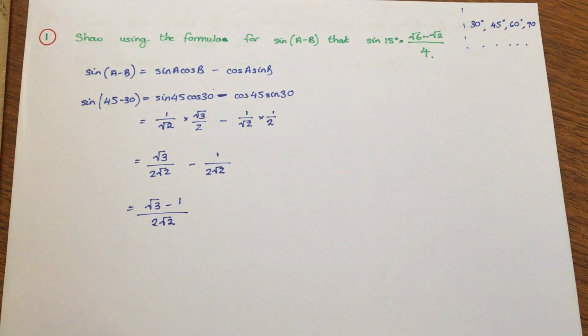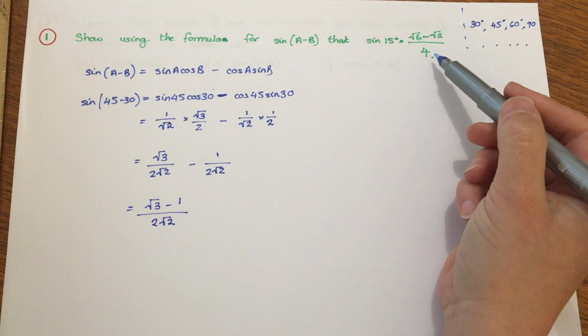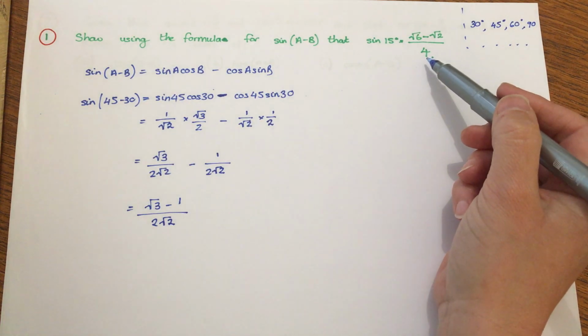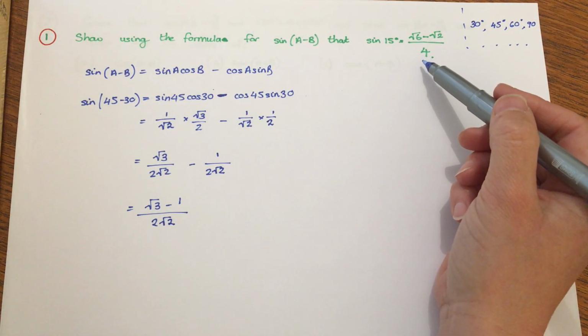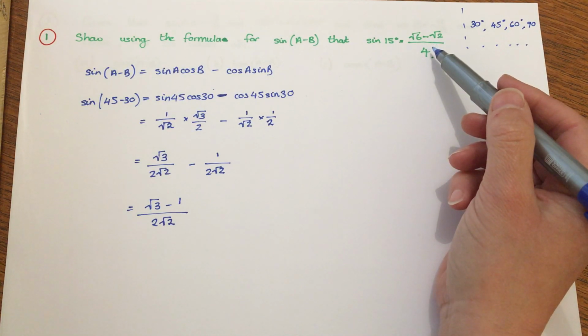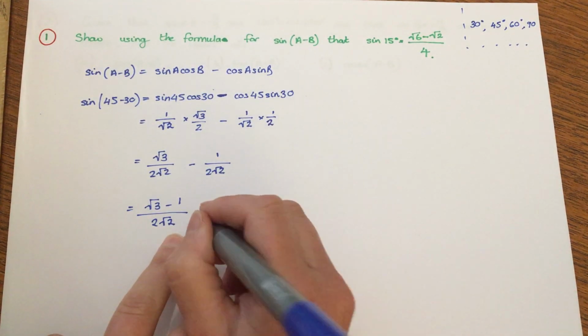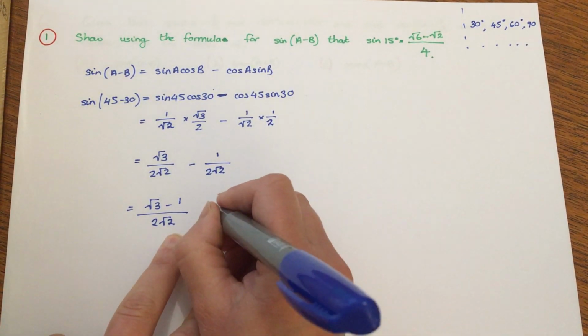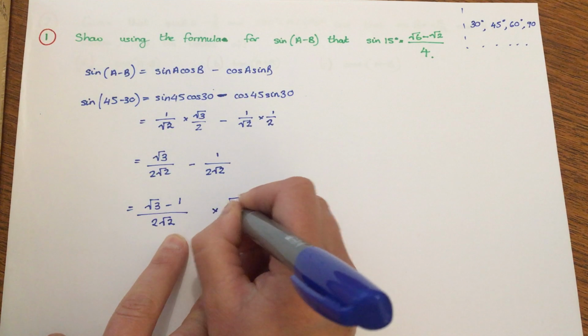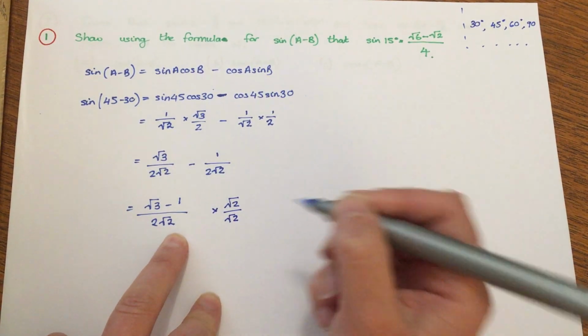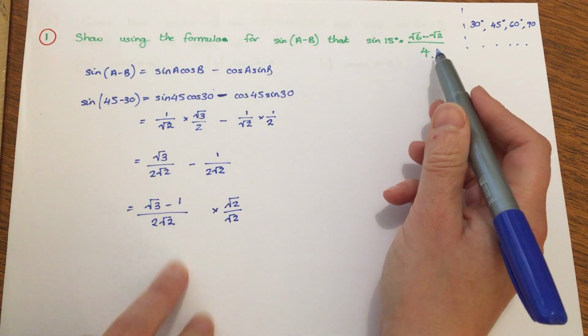Except it doesn't, because I want it in this form here. Thinking right back to GCSE or the start of A level, that has a rational denominator, that doesn't, so we need to rationalise the denominator of this. So if I times this by root 2 over 2, which is 1, so I'm not changing the value, I'm going to end up with this.